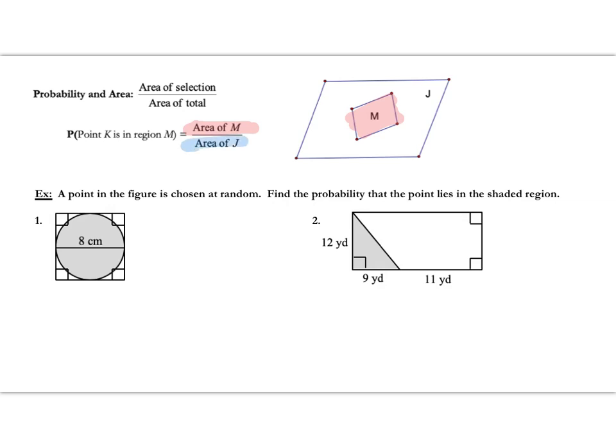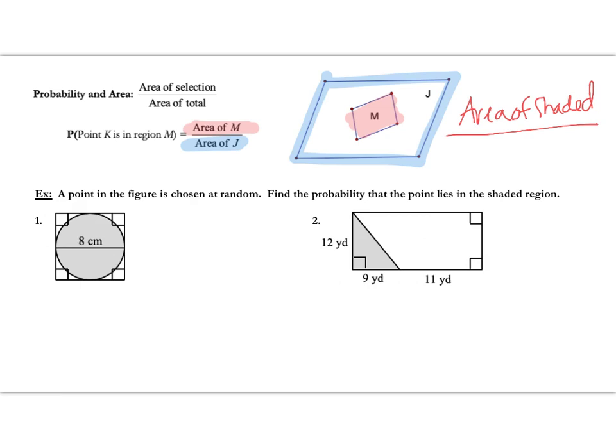So for the total, I would need to know the area of this whole bigger shape here. So there's always going to be two things that you have to find the area of in the picture, and we're going to make sure that we write it out very clearly what we're trying to find. So the idea is you need the area of the shaded over the area of the total.